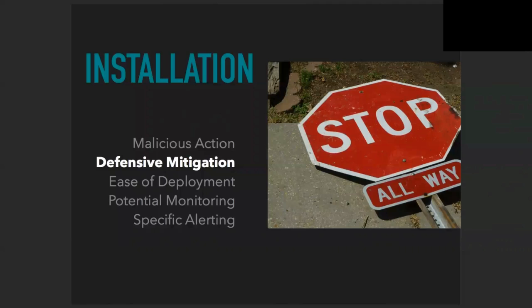Just like with trying to find out who is using macros in the environment, it's going to be the same thing with FTP. You have to go around and figure out, all right, we have this old AS400 system that can't do anything other than FTP because it's like 20 years old. So that's a legitimate business use case, but there should be specific firewall rules in place. It shouldn't be that everybody's allowed to FTP because we have to have this one thing do it.